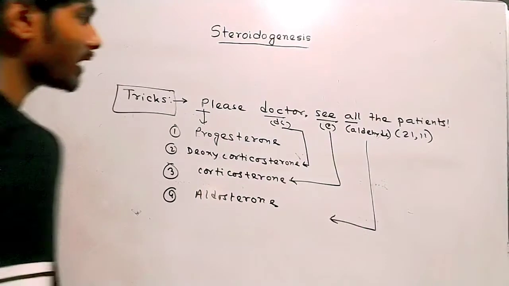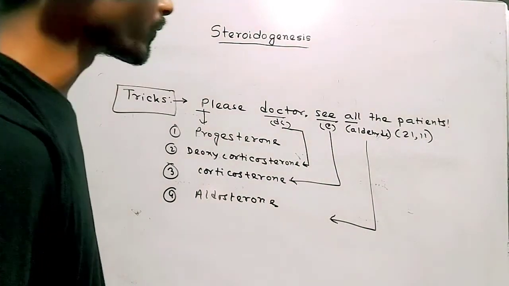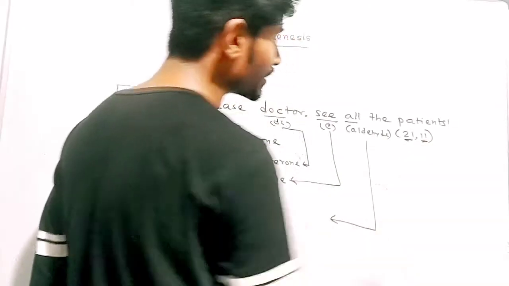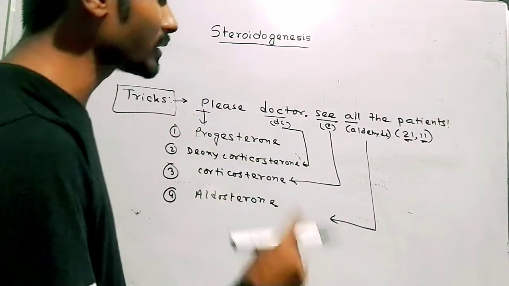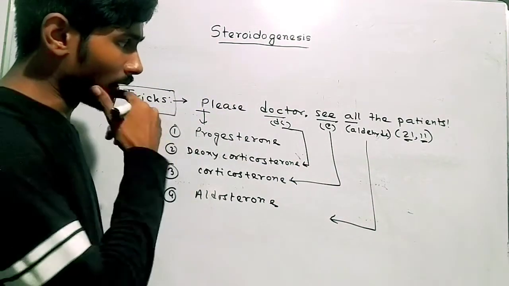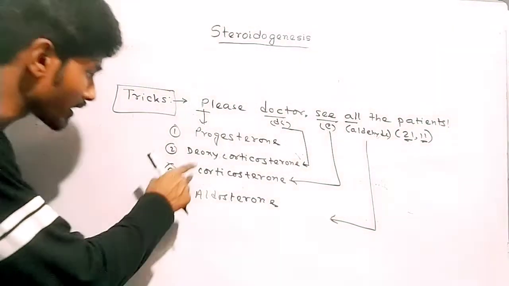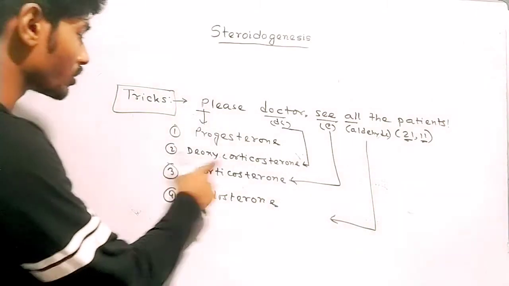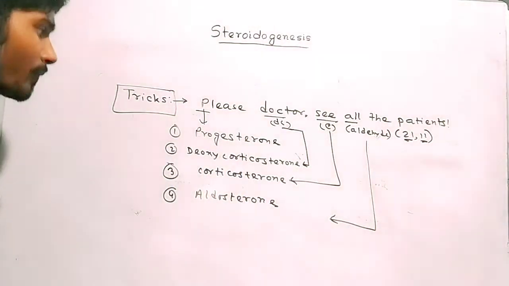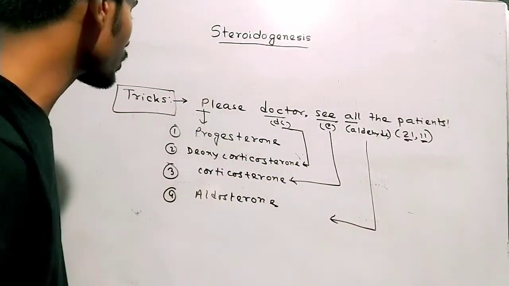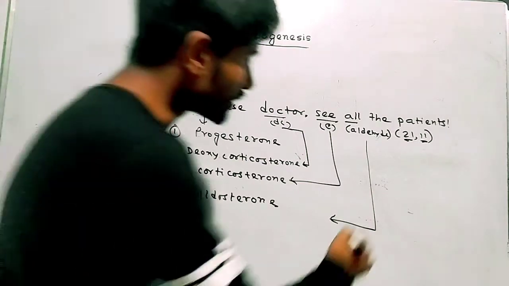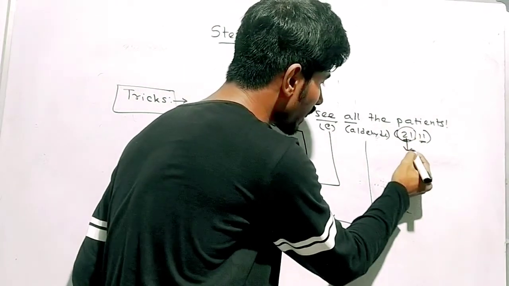Okay, now one more thing I want to say is that the 21 and 11, these two numbers represent the hydroxylase enzymes in sequence. So first of all, you will see that the progesterone is converted into the deoxycorticosterone by the action of the enzyme 21 hydroxylase.